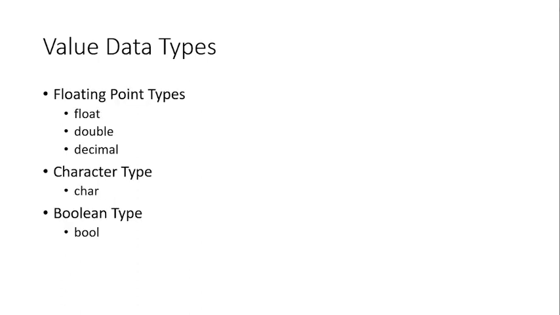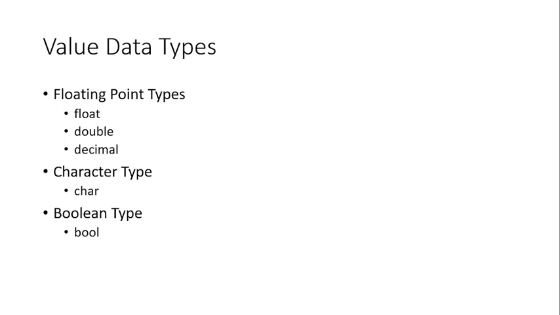Let's see other value data types. We have floating point types: float, double, and decimal. Float is 4 bytes, double is 8 bytes, and decimal is 16 bytes. It's a huge data type which is exclusively provided by C Sharp. It was not there in any of the other languages before C Sharp. In character type, we have char, which also uses Unicode, so it will take 2 bytes and can store characters.